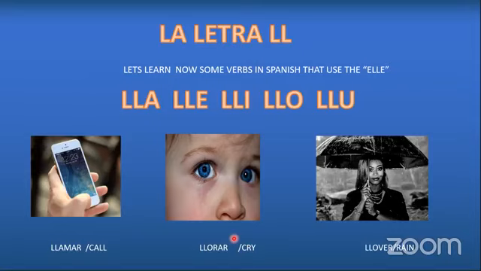Llorar, llorar, llorar. Okay, next one here, rain, when it rains. The verb is llover. Listen to the pronunciation with the three different forms. Llover, llover, chover.